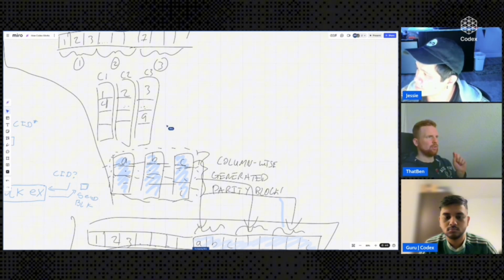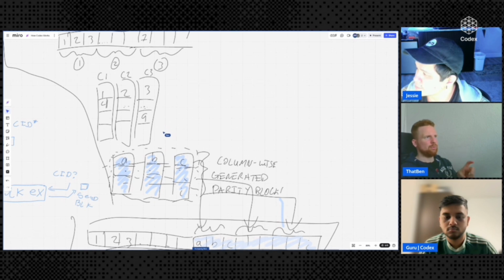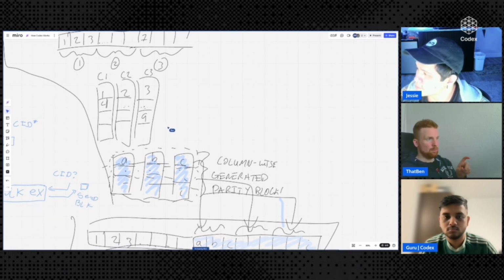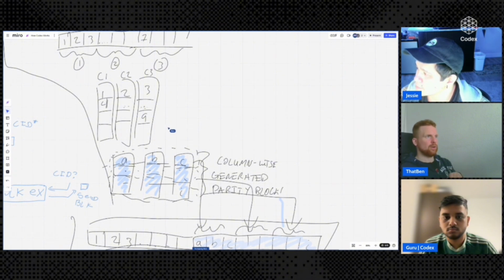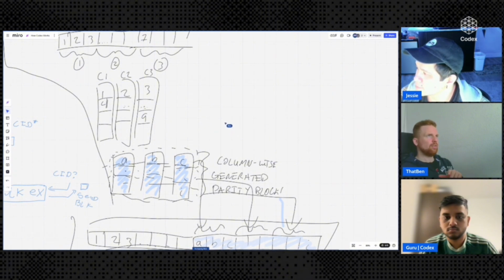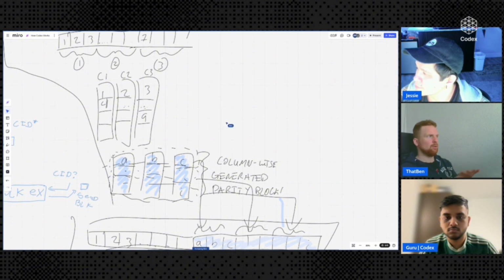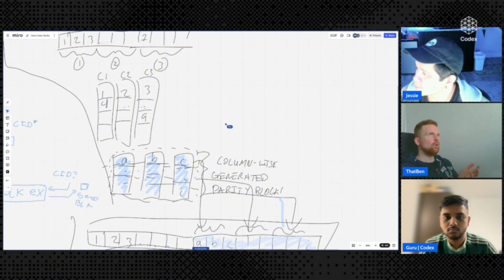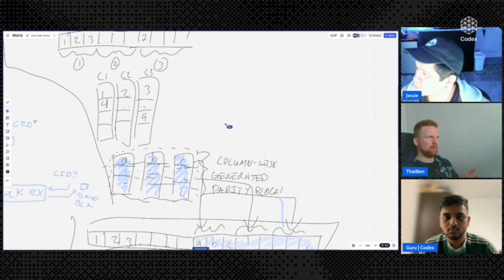If they were both on the same host and that host failed, then part of the data set would be lost. So the placement strategies are such that the parity and the original data are distributed in a way that we minimize single points of failure.